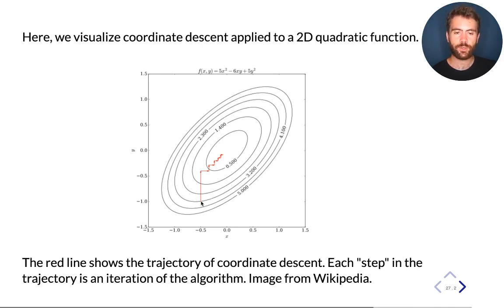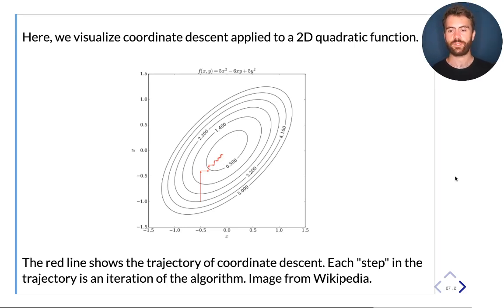So we start at some point here, and now we find the minimum over the y-axis, while keeping x fixed. So the minimum is going to be somewhere over this line, and it happens to be here. So we move here. Now we optimize over x. We move in the horizontal direction, and the minimum happens to be here. Now once we're here, we move along y, and then we keep doing these steps until we reach the minimum. This is a visualization of coordinate descent.